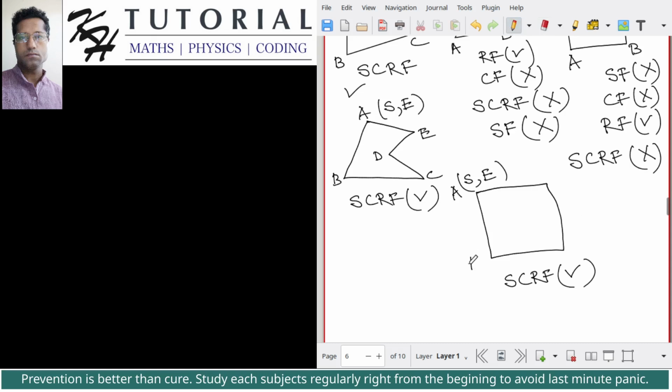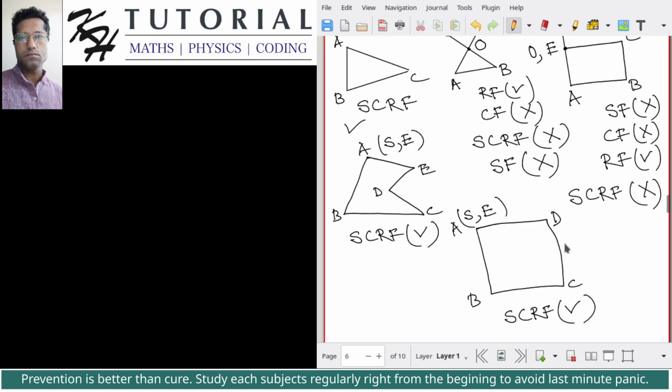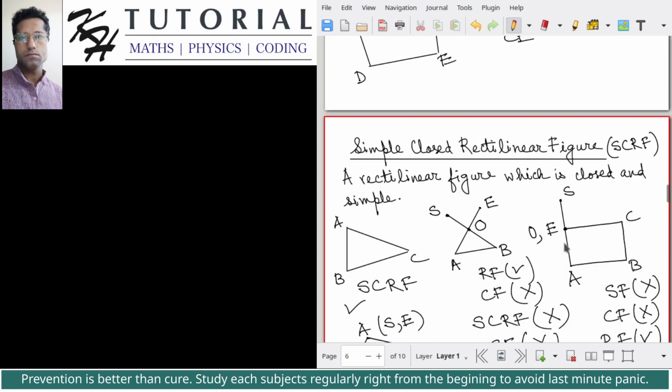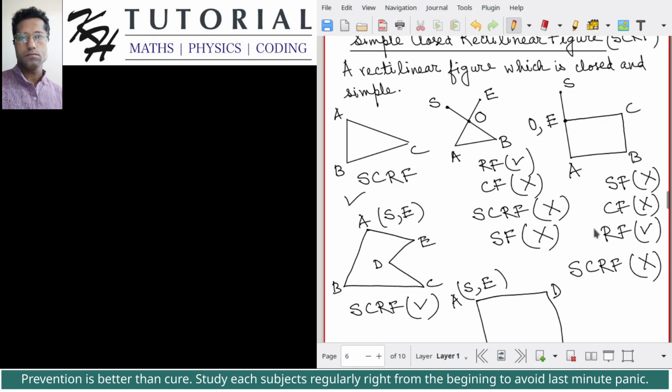So this square is made up of the line segments AB, BC, CD and AD. I hope it is clear what is meant by a simple closed rectilinear figure.